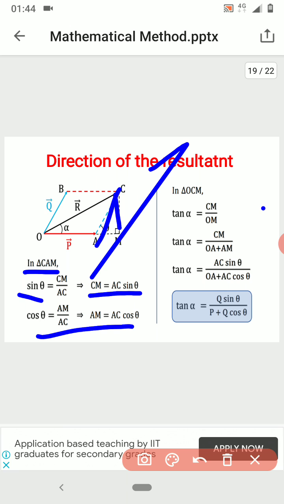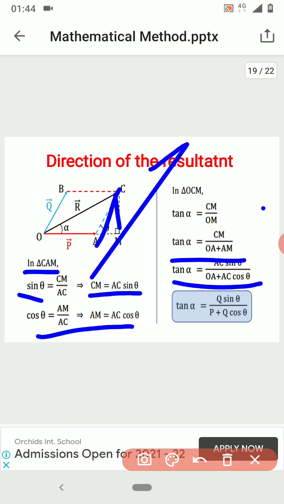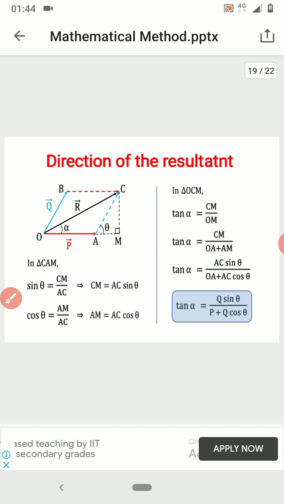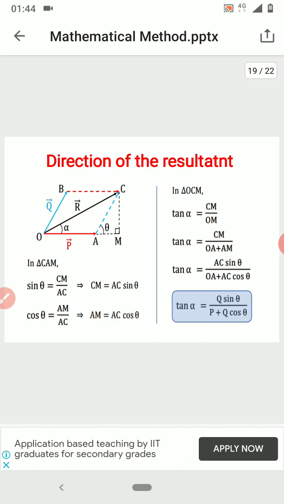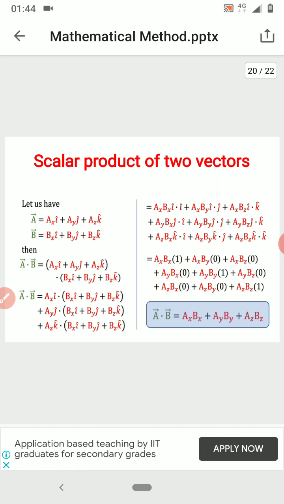So tan alpha is equal to AC sin theta upon OA plus AC cos theta, that is Q sin theta upon P plus Q cos theta. So that will be the direction of the resultant.